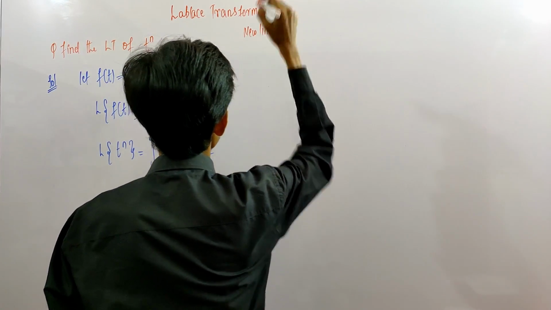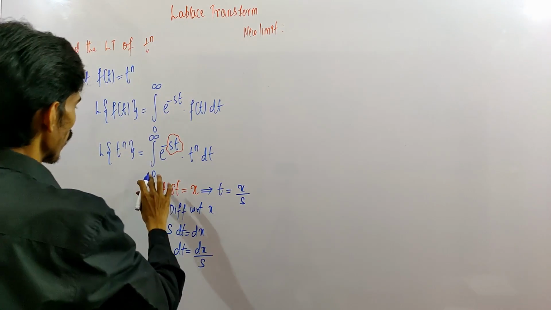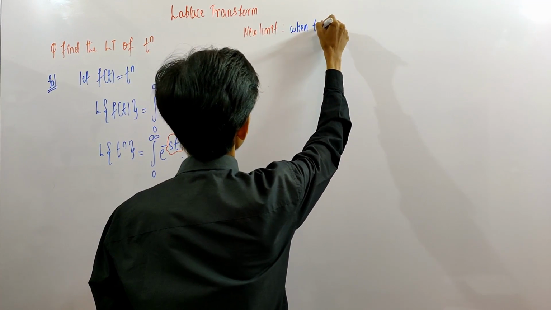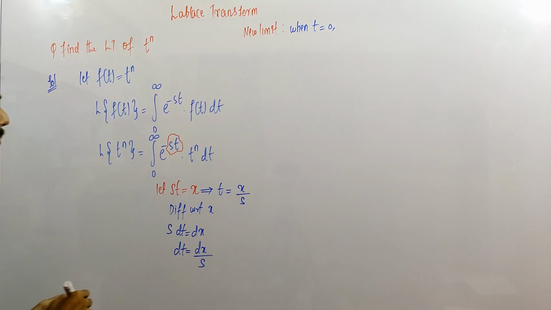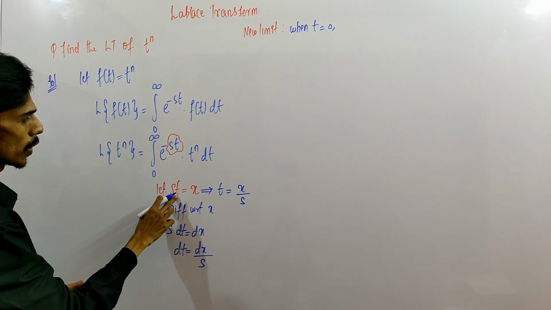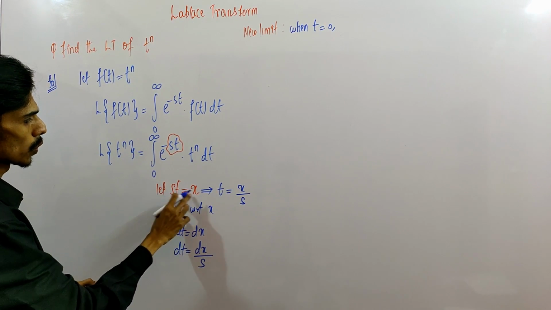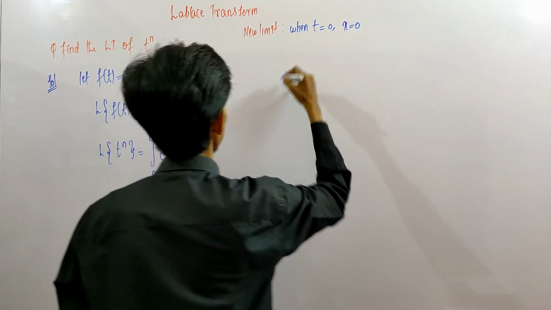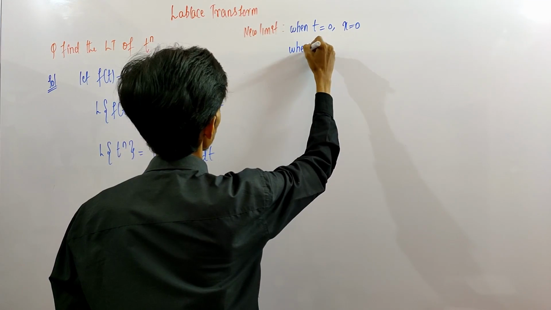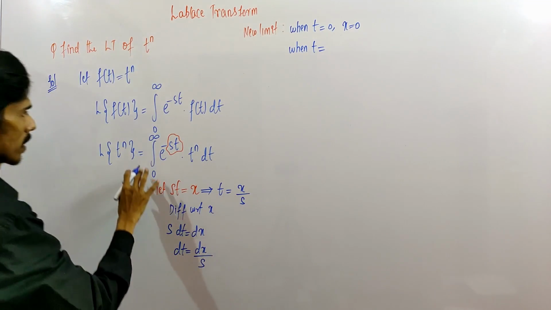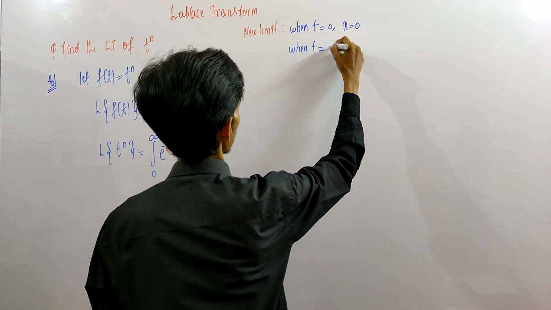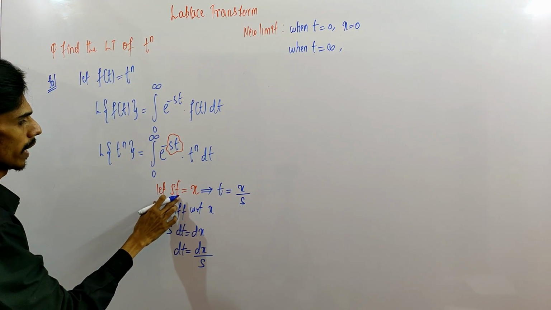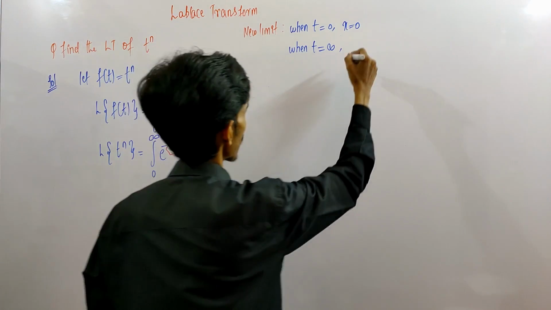New limits for t: when t is 0, that is the lower limit, substitute t equals 0 here, s into 0 is 0, so the x value is 0. Similarly, for the upper limit of t, that is infinity, substitute infinity here, s into infinity is infinity, so the x value is infinity.